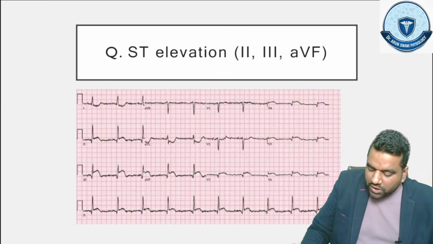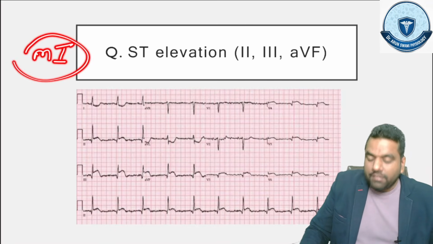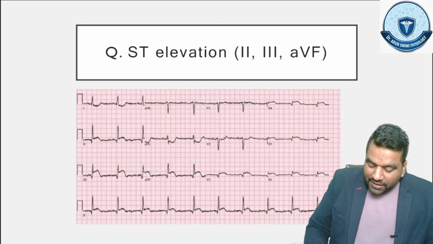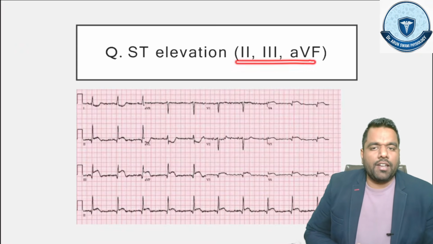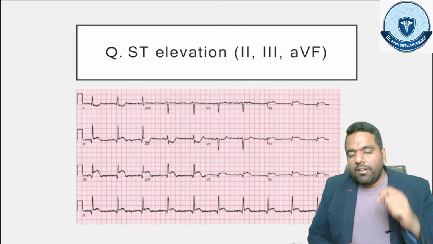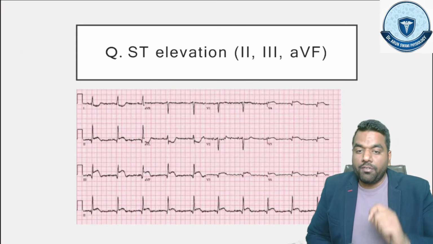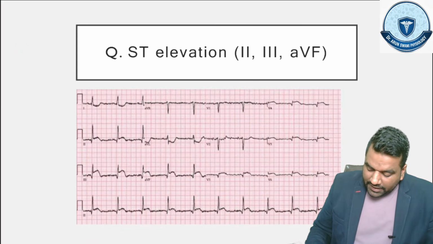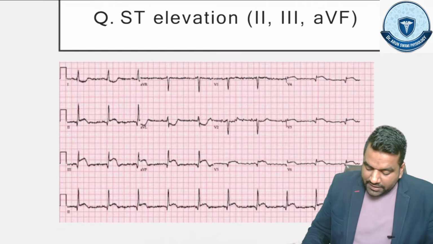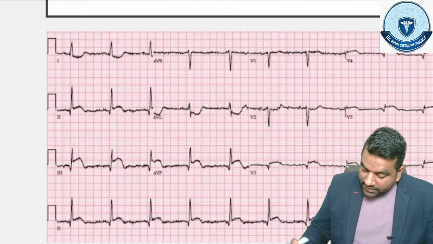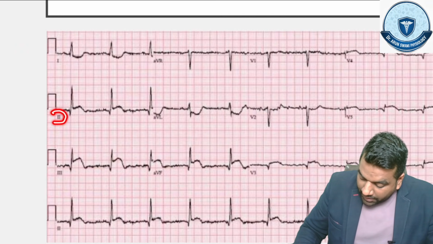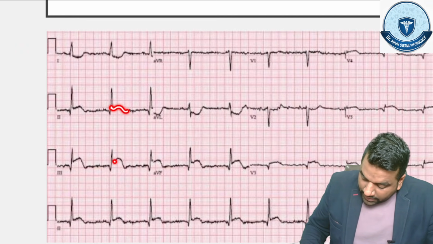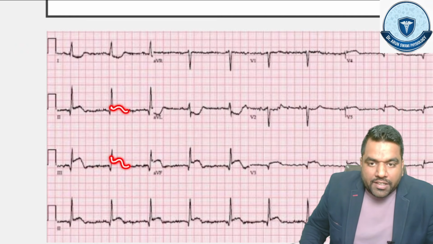ST elevation corresponds with the MI, right? And we know, guys, we have to identify in the leads which wall has the MI. So if the option is given as ST elevation in 2, 3, AVF, or it is given with the ECG image, you can see the ST elevation in 2, 3, AVF. Where is the 2? This is lead number 2. You can see this ST elevation, right? 3, this is ST elevation, right?